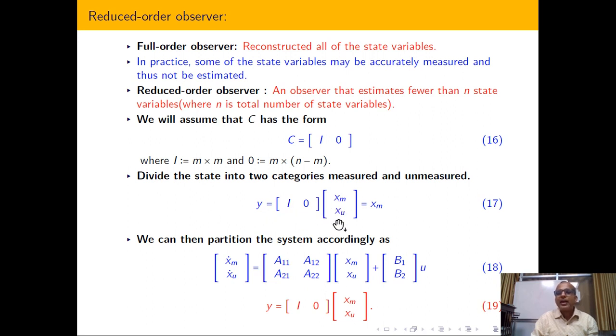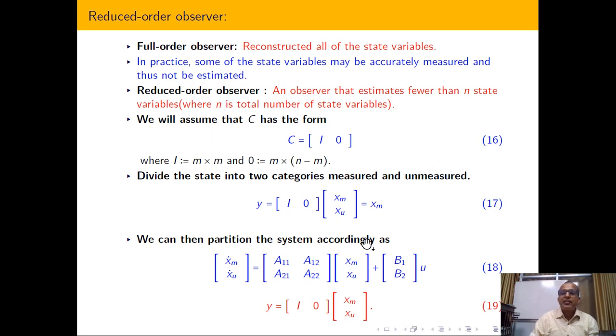Suppose I have n states, so I am saying that n is m plus u, so I have m measurements, and xu is the unmeasured state. Now I am going to measure this. You can see that I have defined the output like this, and now if I take the differentiation, then my system looks like this.